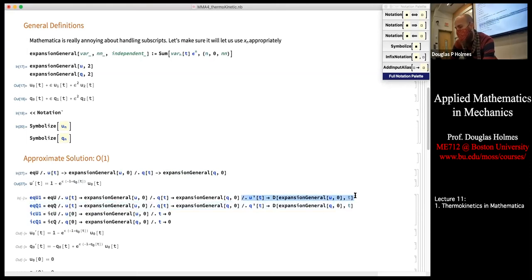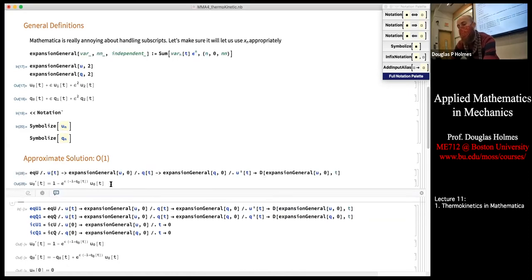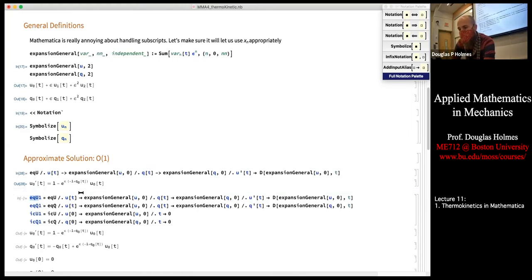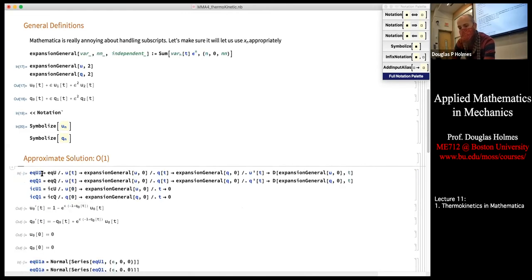And so we're going to have to manually replace the derivative as well, which looks like this. And now we have our differential equation where we've substituted in our solution. And I stored that as my new equation here. So I'm going to delete this because these 2 lines are identical. And I just stored that as my equation 1 for U, equation 1 for Q, and this is what they look like.